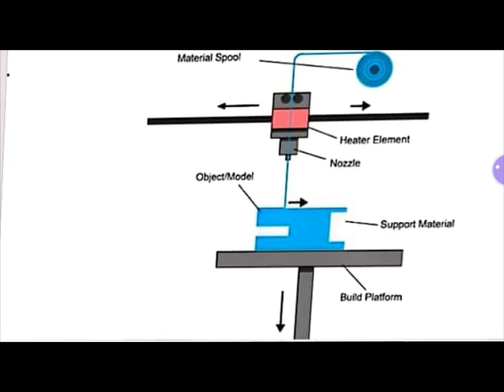The metal is wound in the form of a coil, and then we can observe the heating element, which can be observed by the red color, and below this heating element there is a nozzle by which we are depositing the material onto the build platform.